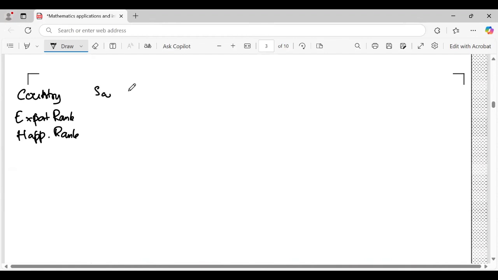The countries are Switzerland, New Zealand, Spain, Australia, Cyprus, Portugal, Ireland, UAE, France, and Netherlands.